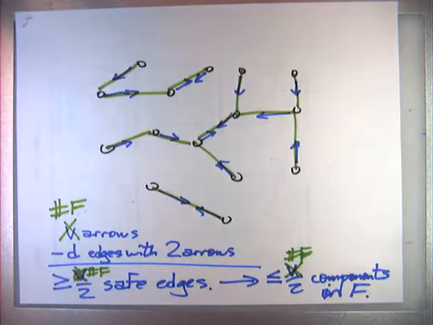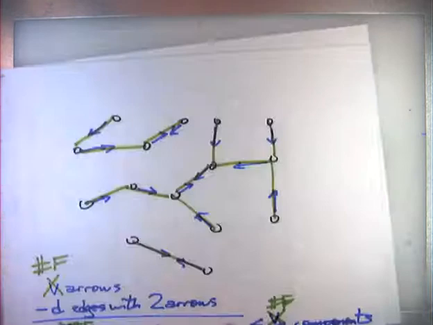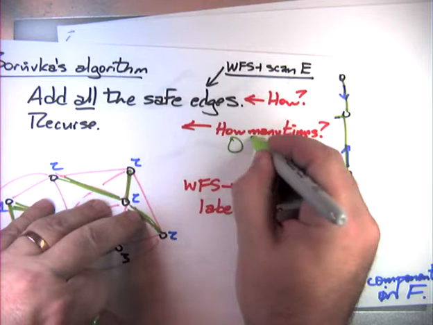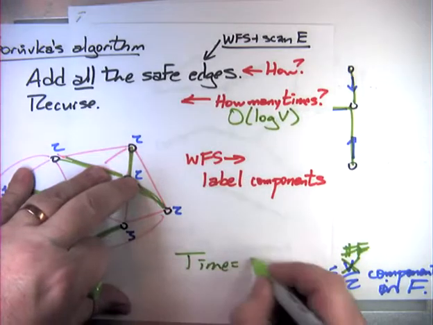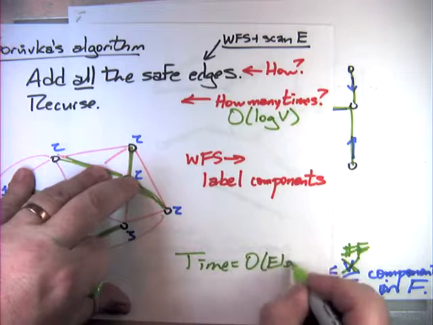Started out with 1,000. After one iteration, I have at most 500. After another iteration, at most 250. After another, at most 125, and so on. So after log V iterations, the algorithm is done. The number of components of F has been reduced to 1. That's more or less the definition of log. So that means the overall running time is E log V.